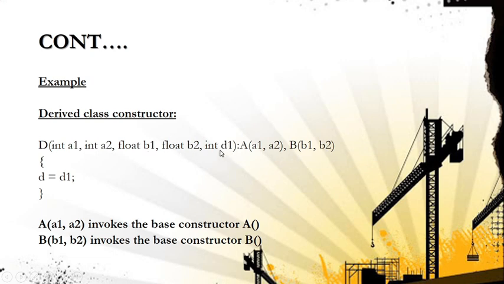And this d1 belongs to the derived class, so I am defining this. So I am saying d equal to d1. a1, a2 belong to the first base class a, and b1, b2 belong to the second base class b. You can see here the constructor a of a1, a2 invokes the base constructor a, and b of b1, b2 invokes the base constructor b.